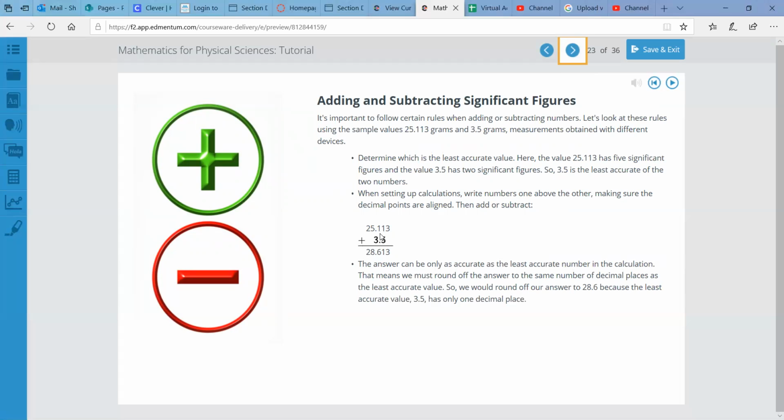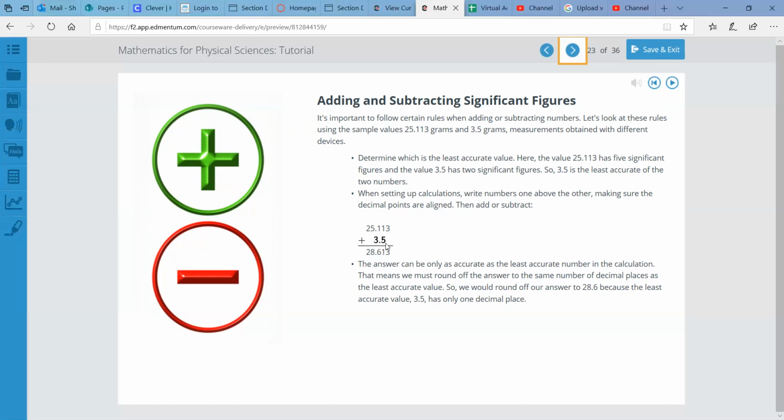So 25.113 plus 3.5. This one only has 2 significant figures. So here we can only be as accurate as one number after the decimal point, okay? So we have 28.613.